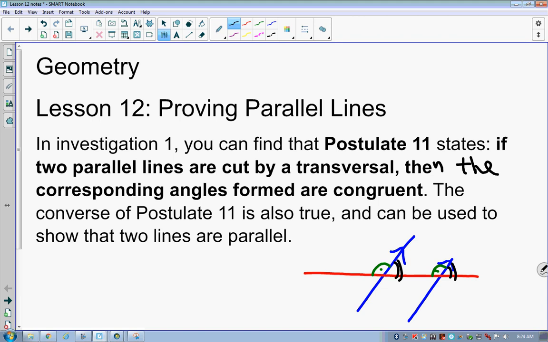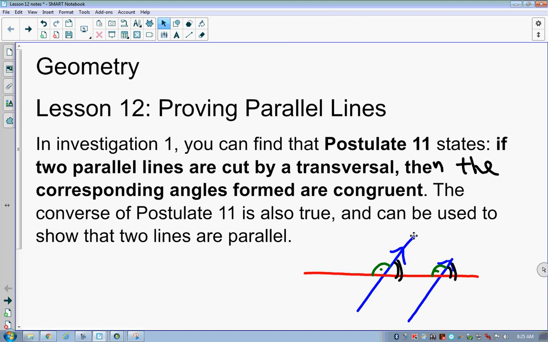Okay? So a lot of these postulates, a lot of these conditional statements, have a converse that's also true. Okay? So if I didn't know those lines were parallel, but I knew that my corresponding angles were congruent, I would know that they were parallel. If I know that they're parallel, then I know that my corresponding angles are congruent.